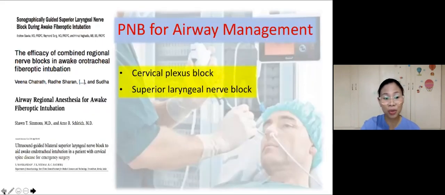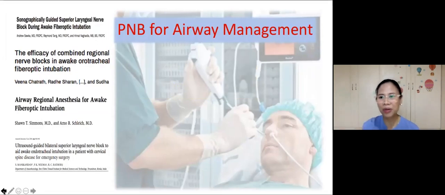Before we summarize everything, what about patients for airway management? Sometimes you get referrals for patients who have a difficult airway, and we would plan an awake intubation. Usually we would just give a sedative and then just talk to the patient while doing our fiber optic intubation.